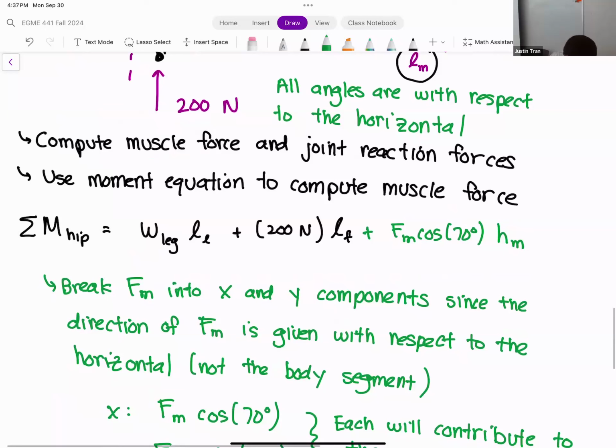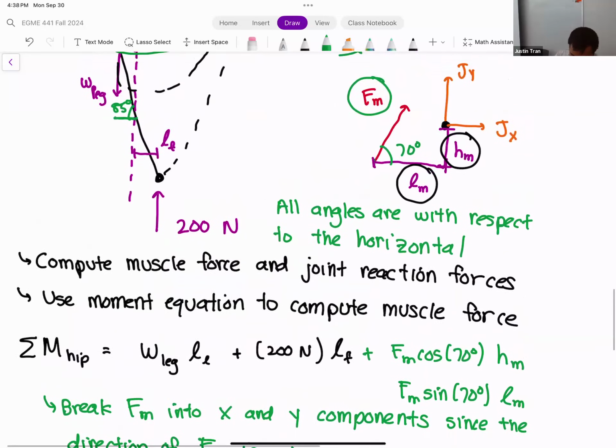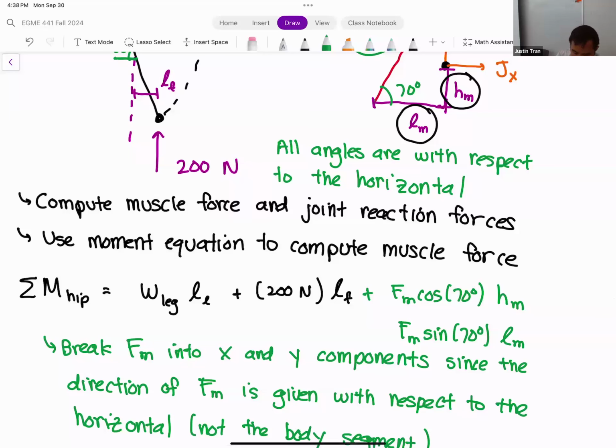Okay. And then our other component, FM sine of 70 degrees. Okay, that's the vertical component. We're going to multiply that by a horizontal distance, which in this case is L dash M. And then we need the direction of this one as well.